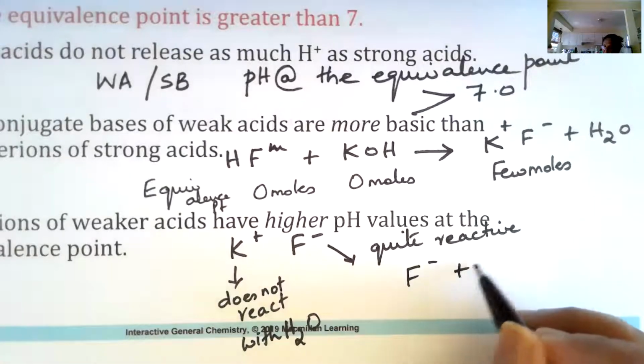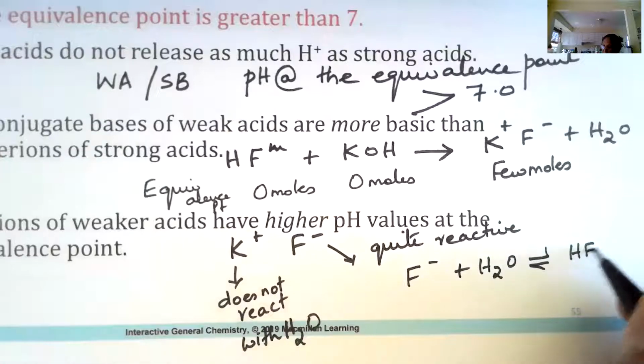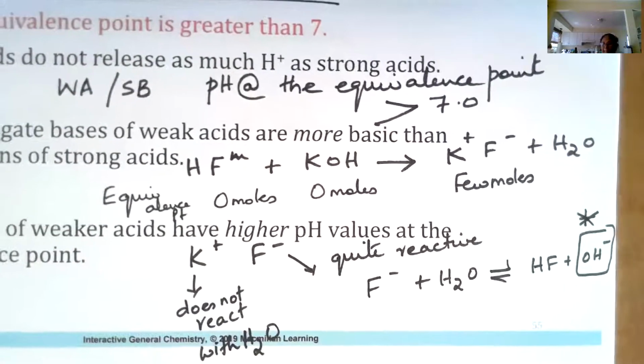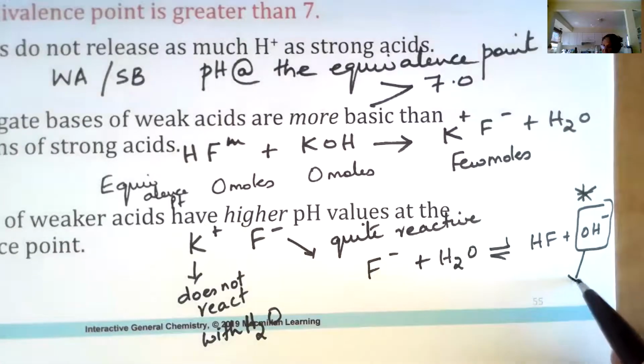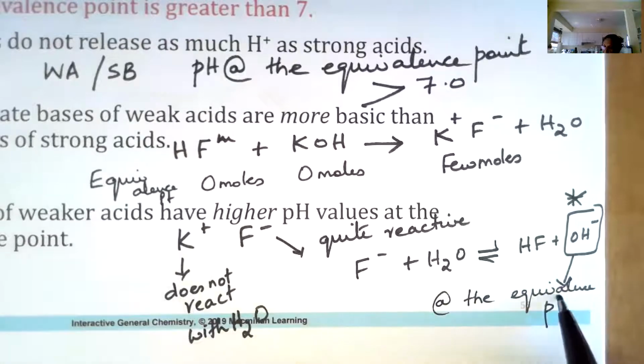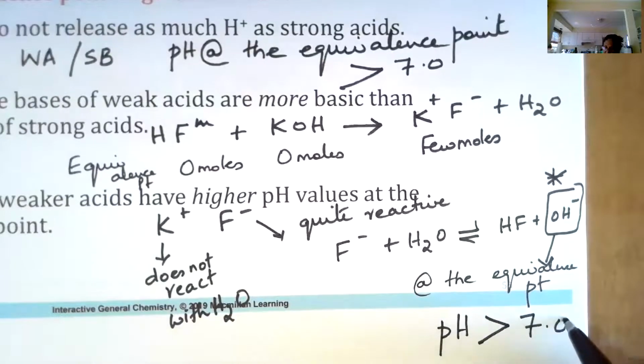So F minus will react with water to give HF and OH minus. See that? So this is the reason why at the equivalence point, F minus reacting with water produces free OH minus ions. Therefore, the pH is greater than 7.